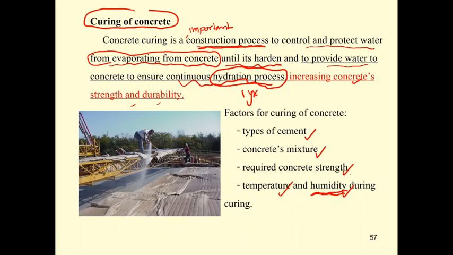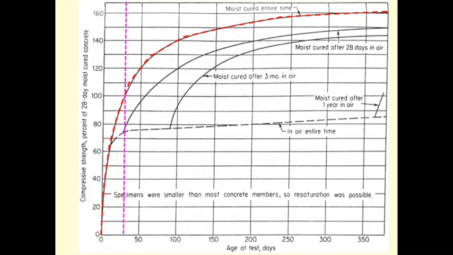Usually there are specific requirements. For example, if you construct a column and a beam, they usually ask you to cure the concrete for at least 7 days. But for myself, you should cure the concrete as long as you can.